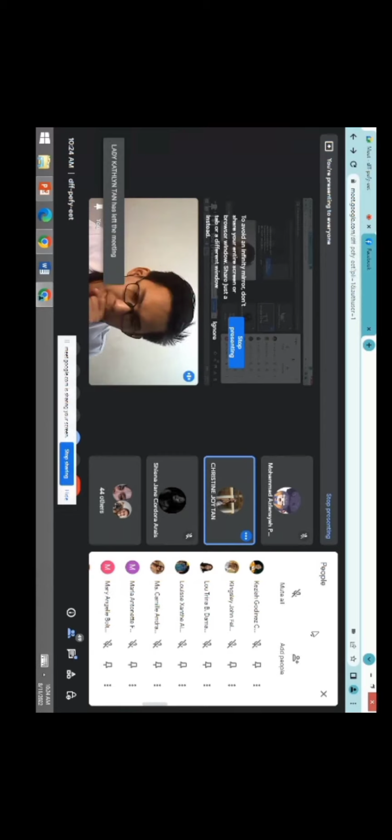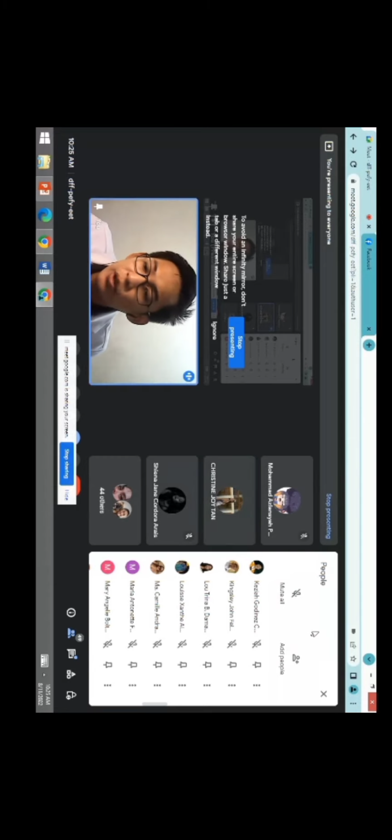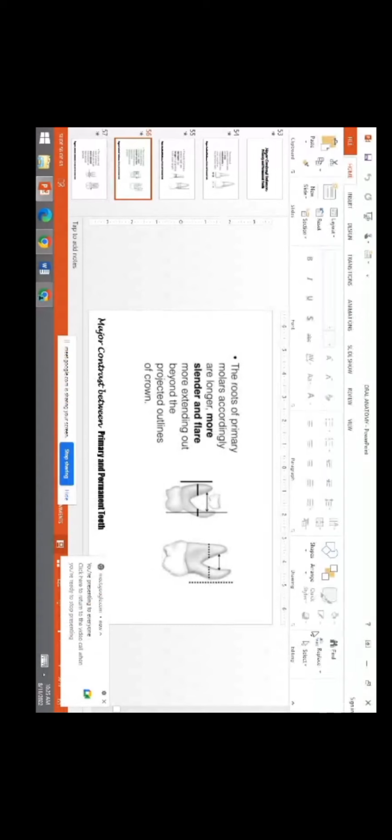Probably because it is still primary, and soon the permanent will erupt, so that's why it is more flared than the permanent tooth. Okay. Actually, Kristen, you are right, but to make it more correct, going back to the slides, the primary roots flare. It is because this one in the earlier picture is already the permanent tooth bud.